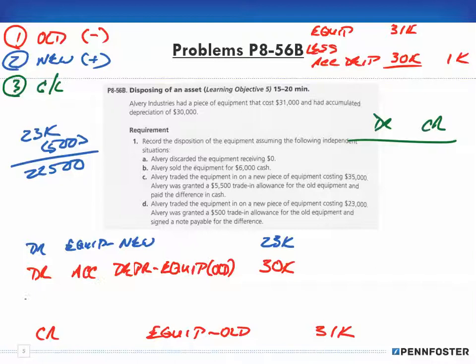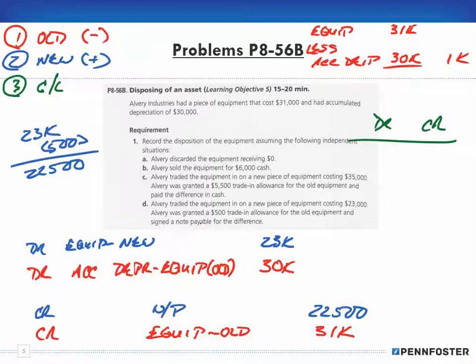Okay, well, our note payable is going to be a credit. Why? Because we increase notes payable as a liability, and we increase our liability on the credit side. So note payable is a credit for $22,500, right? So now here's just a quick aside, and we've gone through this concept before.